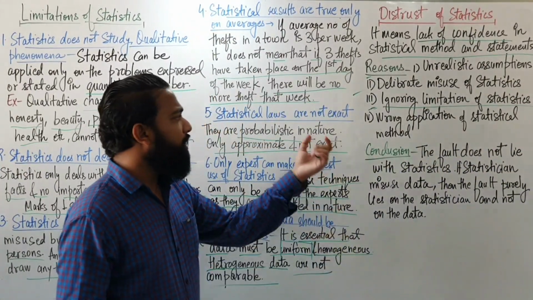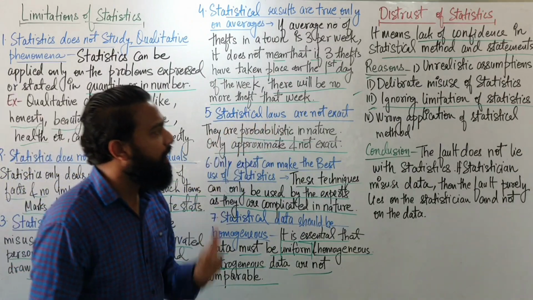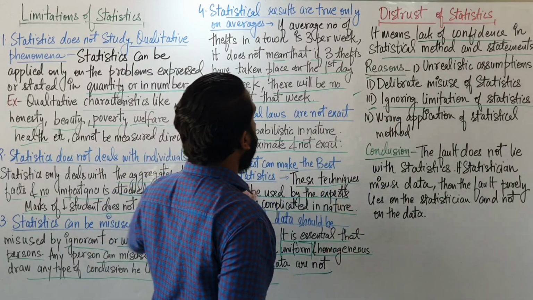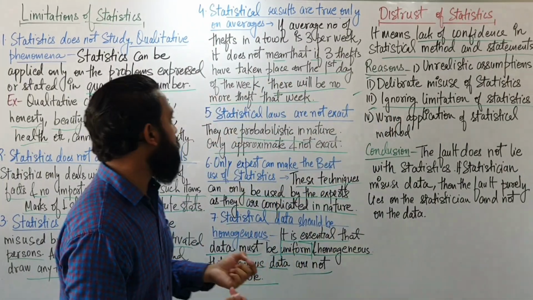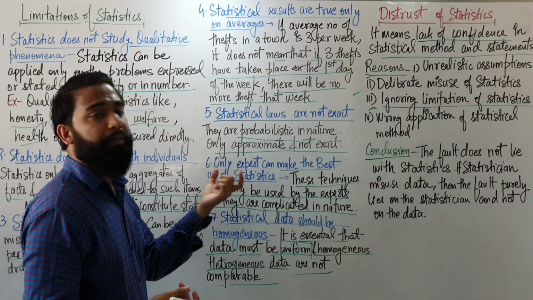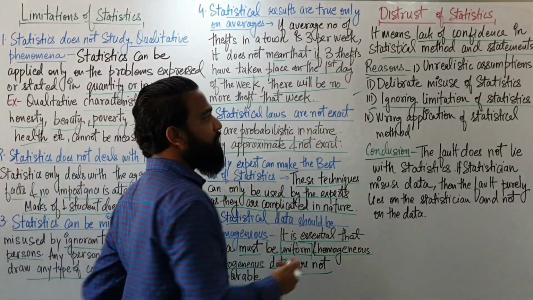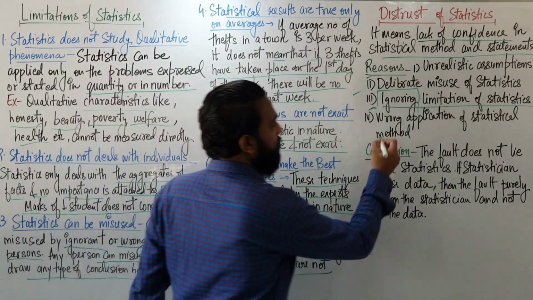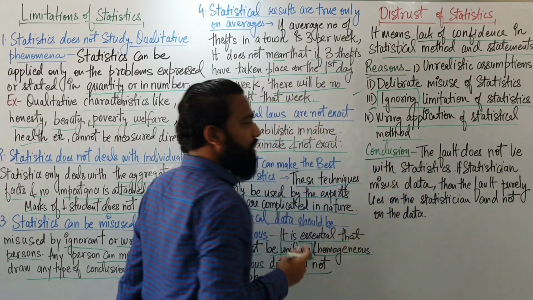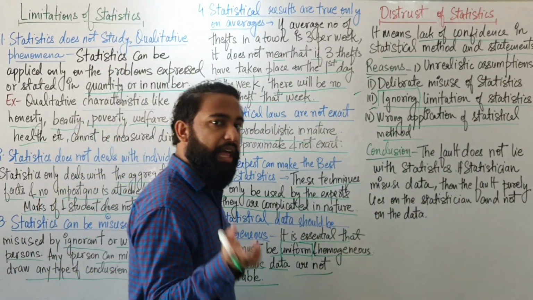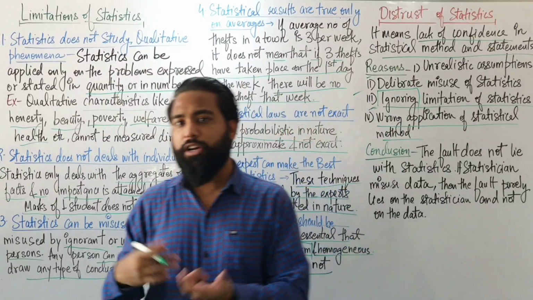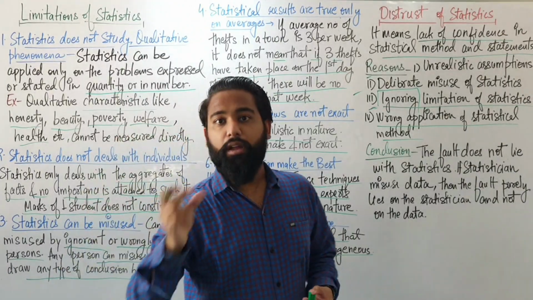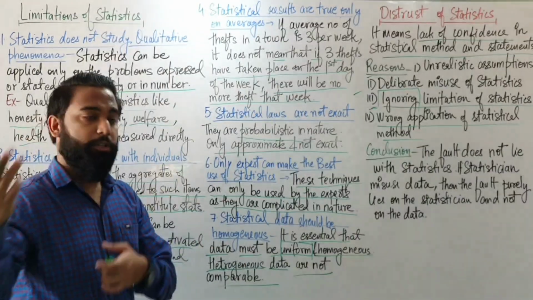In those cases, you cannot accept the statistical data because it is not accurate. They are just approximate digits, not exact digits. So they ignore the limitations. Now, in some cases, there is wrong application of statistical methods. Sometimes instead of calculating the median, they calculate the mean, and when correlation is required, they apply a different method so that they can improve their numbers, which can affect the consequences.